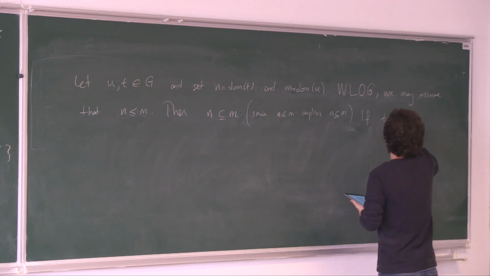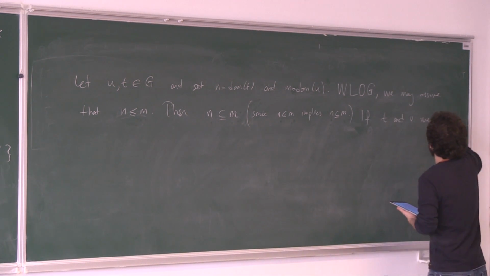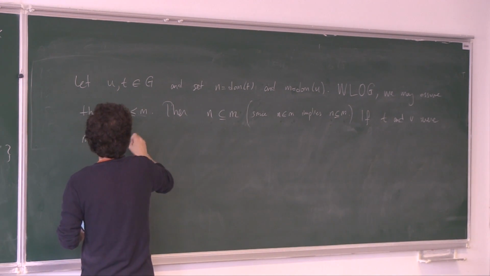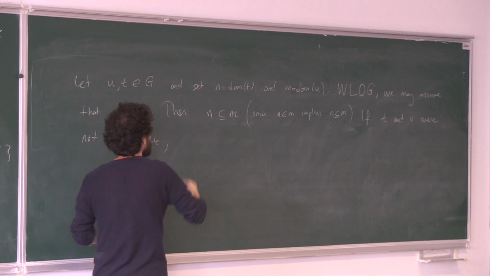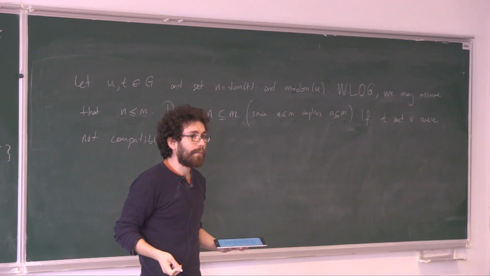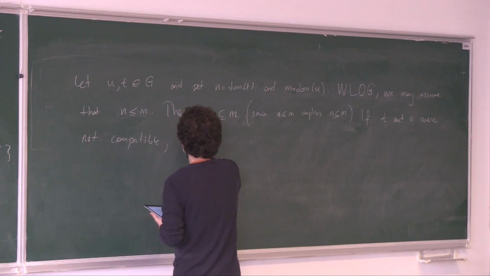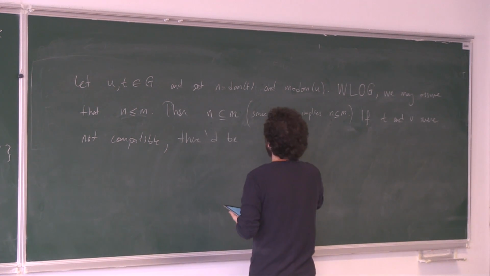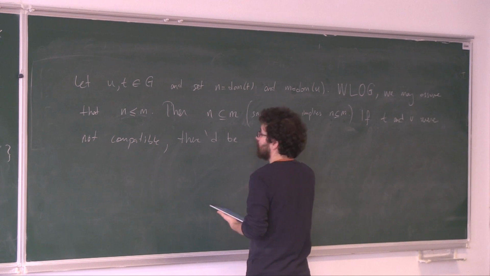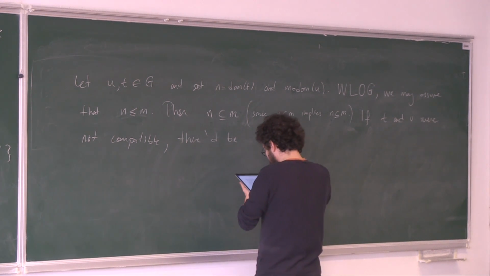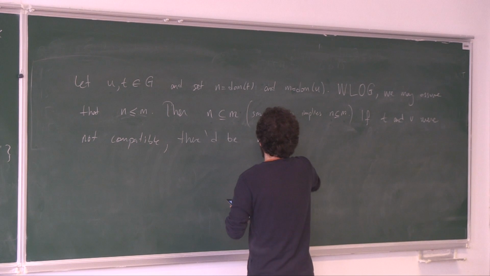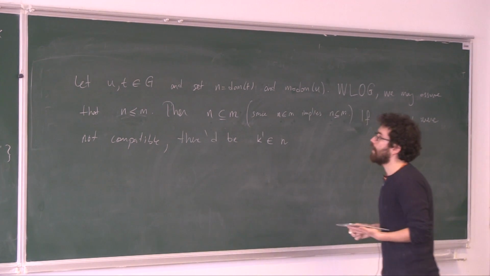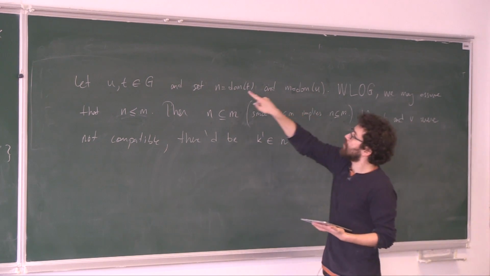Let's say that these are not compatible. What does it mean for these to be not compatible? There would be some element, let's name it k prime, in N. You see, what's the intersection of their domains?